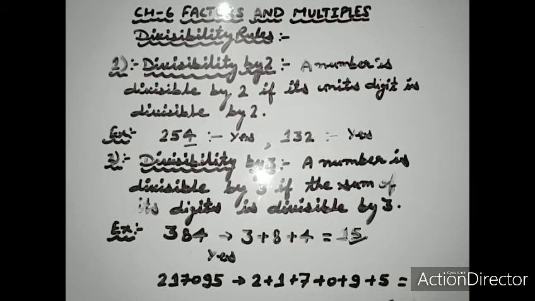After that we add these numbers: 2 plus 1 is 3, 3 plus 7 is 10, and 10 plus 9 is 19, and 19 plus 5 is 24, right? Here we get 24. So 24 is divisible by 3. 3 8s are 24. So we say that this number is divisible by 3. Okay.